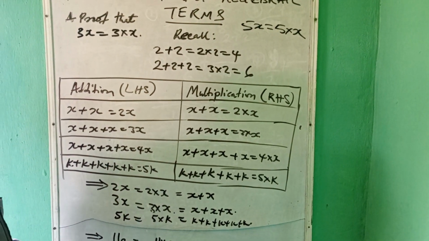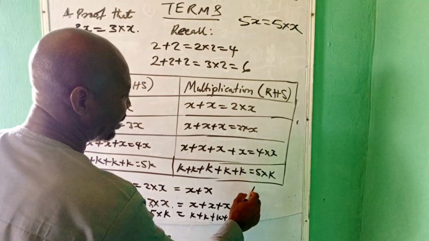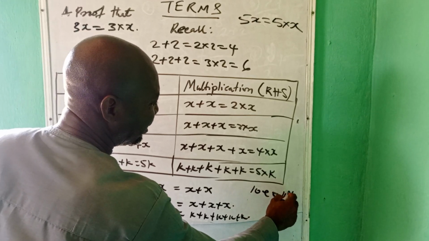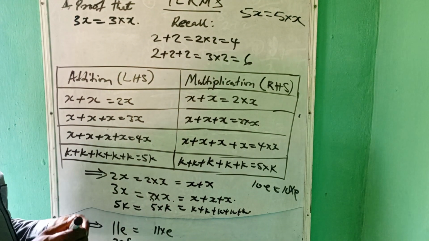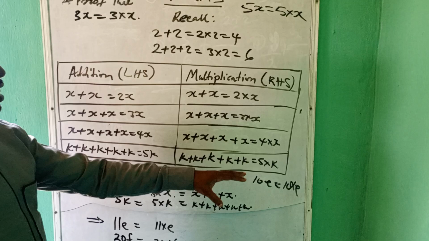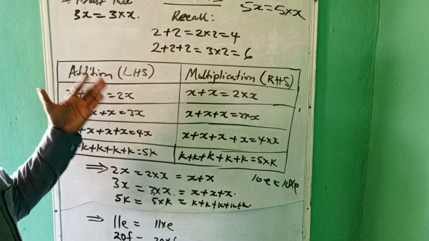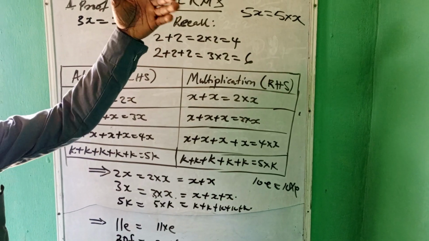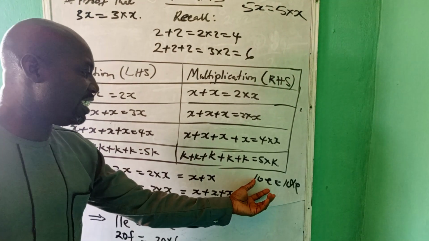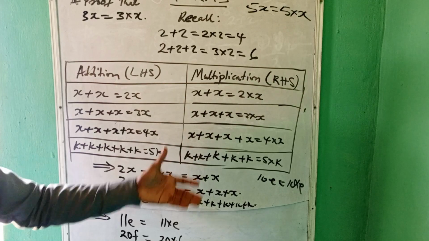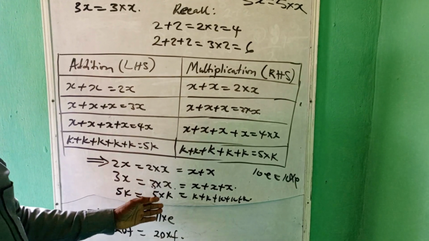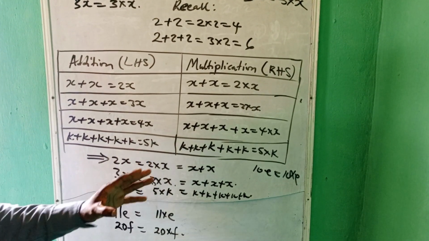So when you hear us in math say 10e is equal to 10 times e, we are not just making things up. You have now seen the proof that 10 times e means taking e 10 times, and this 10e means adding e 10 times. So it has a multiplication and additive relationship.